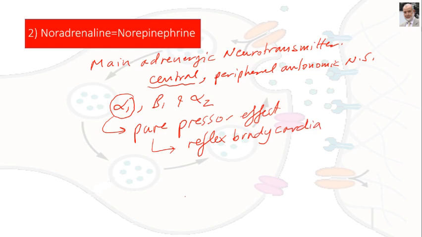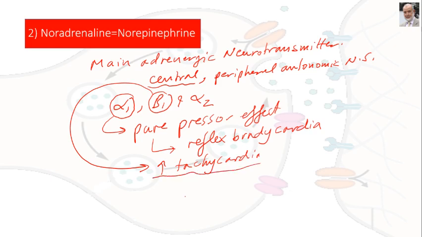But still in enough dose there is a beta 1 effect, and beta 1 effect can increase the heart rate and produce tachycardia.